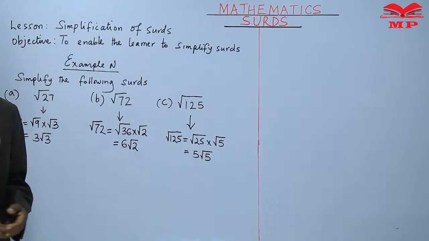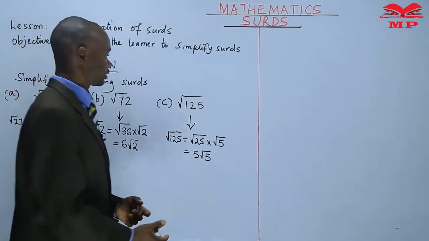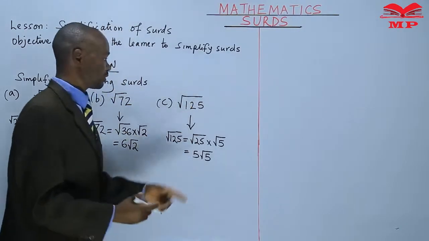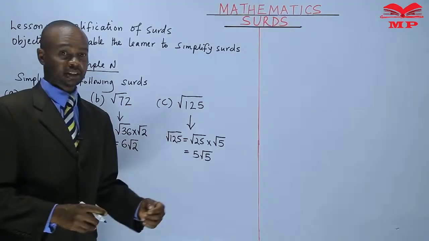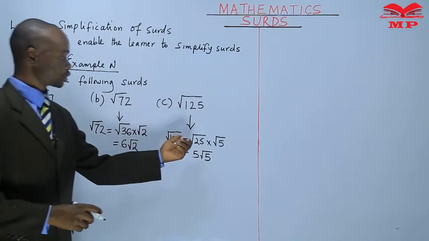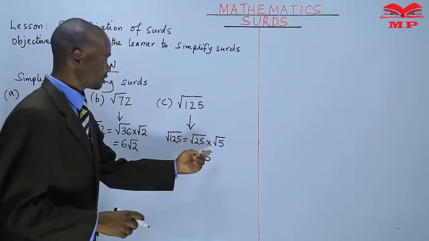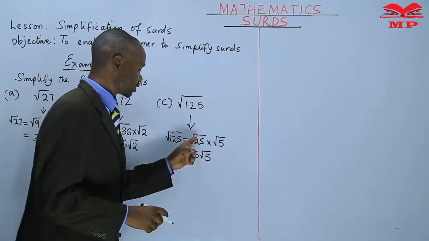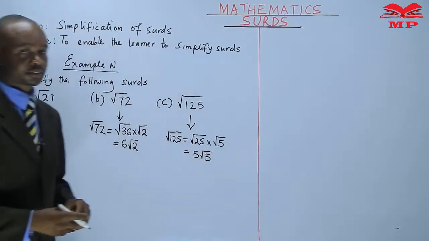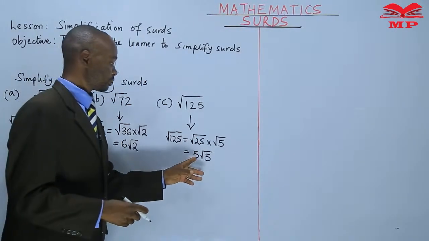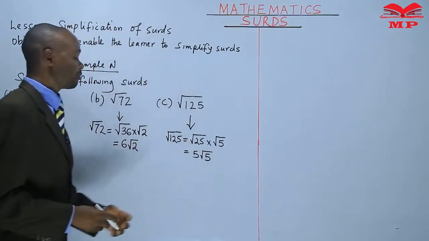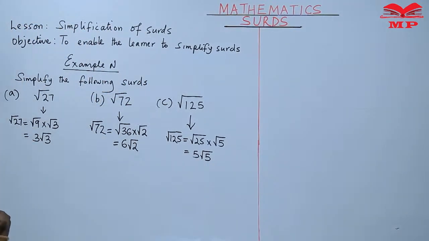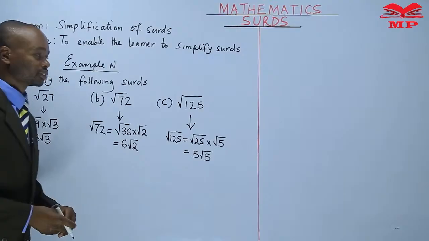We move to 125. The experience of cubes and square roots would show that 125 broken up is 25 times 5. So we have square root of 25 times square root of 5. Square root of 25 has a perfect root, which is 5. So 5 square root of 5 is the simplified form of that surd. Those are the 3 simplifications.